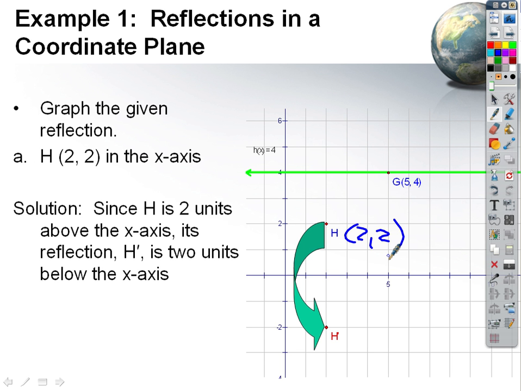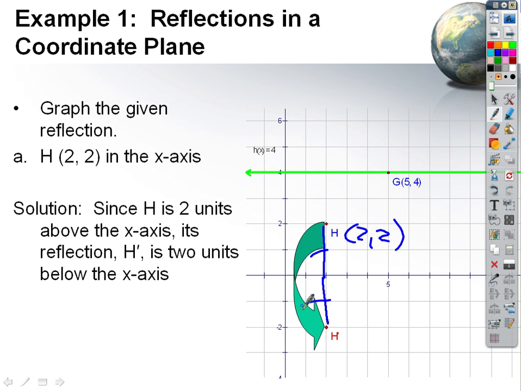Okay? So then, does it make sense that if I fold the paper around that horizontal crease, H prime is going to be down there? Right? Doesn't it make sense that this distance right here is the same as that distance right there, right? So you could predict the coordinates pretty easily, couldn't you? Without even looking at the picture.